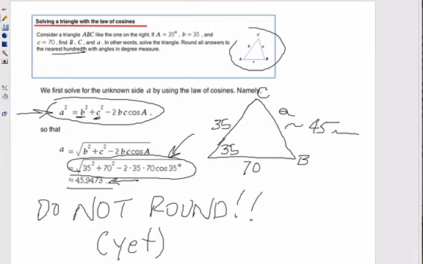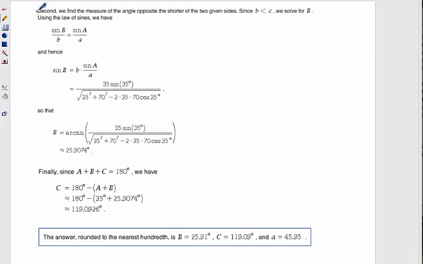Now let's look at the next step. Next we need to find the measure of the angle opposite the shorter of the two sides, and since b is less than c, we want to solve for B using the law of sines.